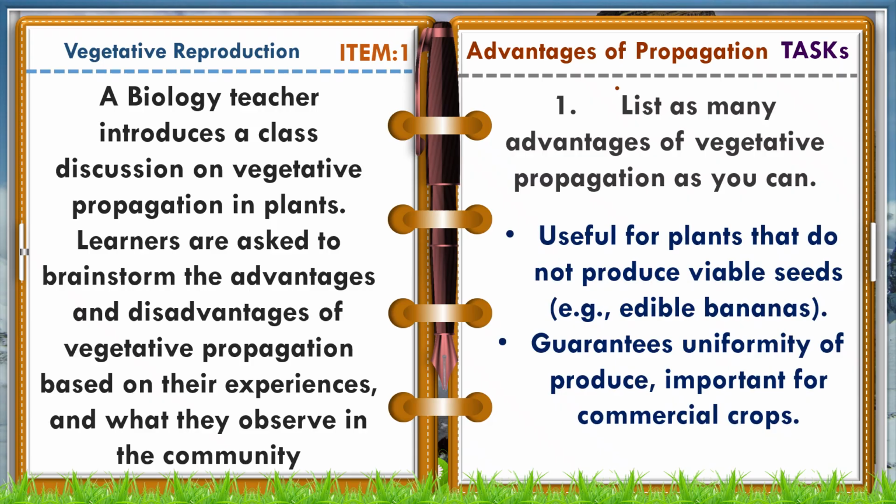Useful to plants that do not produce viable seeds, for example, bananas. They guarantee uniformity of the produce, which is important for commercial crops.